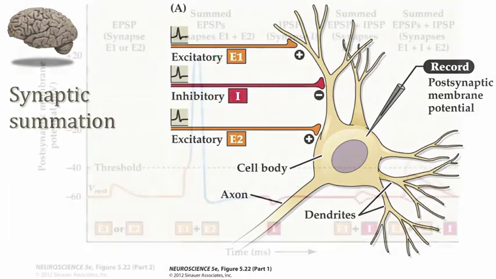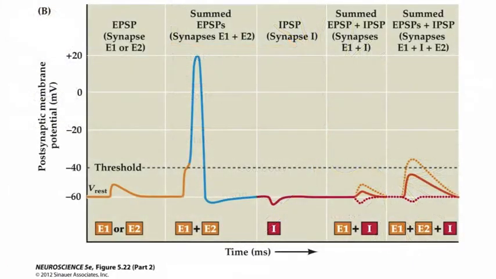So let's consider what would happen if either that first or the second excitatory input alone were to fire. Most likely what we would see is a subthreshold depolarization. So that's what we have here if we activate either of these 2 inputs. We have a small depolarization of a few millivolts.